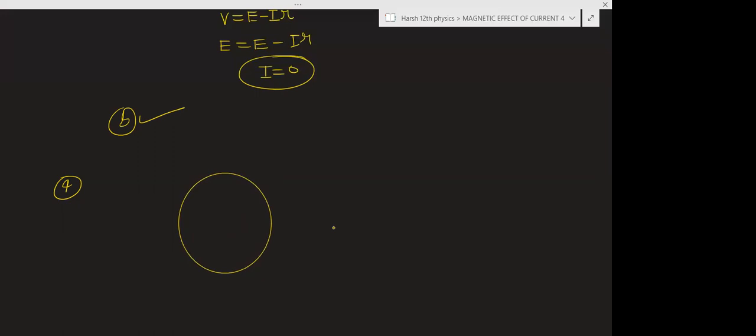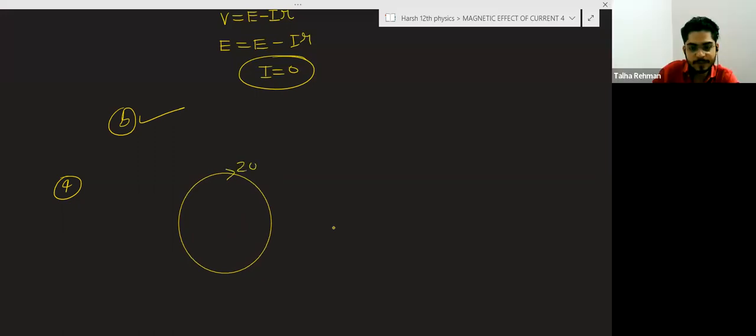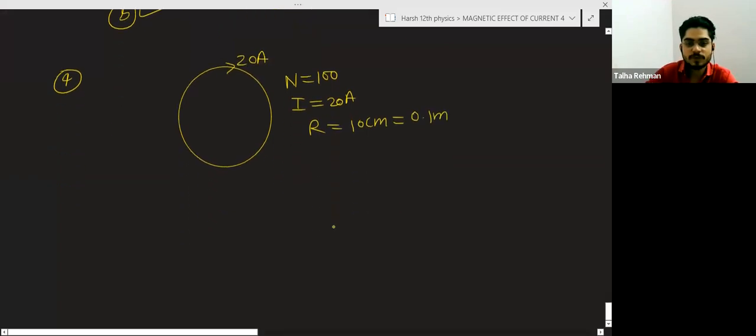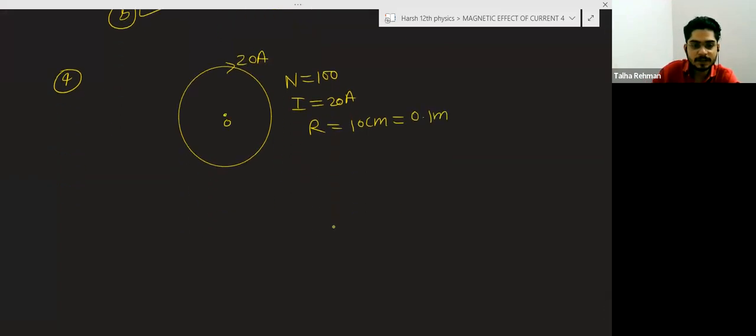So suppose in this coil 20 ampere current is flowing like this. Number of turns of this coil is 100. Current is, we know, 20 ampere. Radius is 10 centimeter, so when you convert this into meter, you will get 0.1 meter. So the magnetic field at the center of the circular wire is mu naught N I divided by 2r.